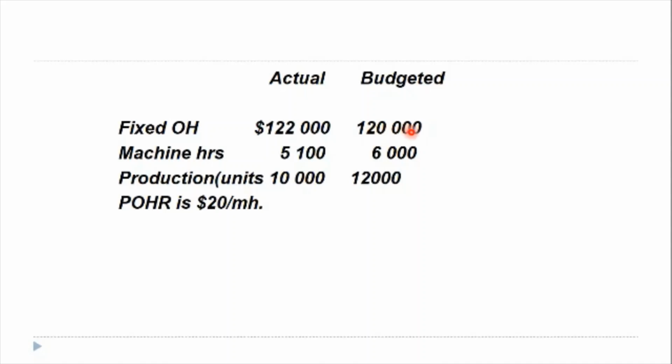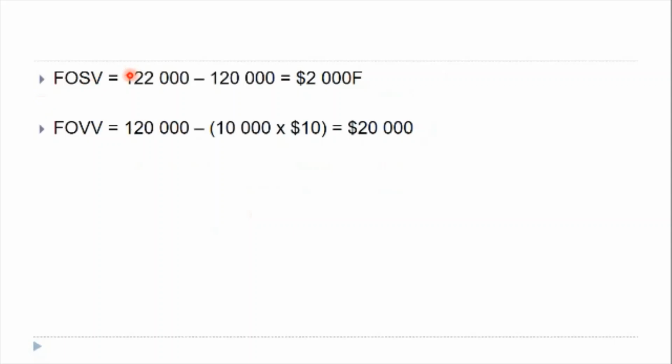You divide this by this, and you get your POHR. The FOSV would be equal to the actual total minus the budgeted, and we get 2,000.